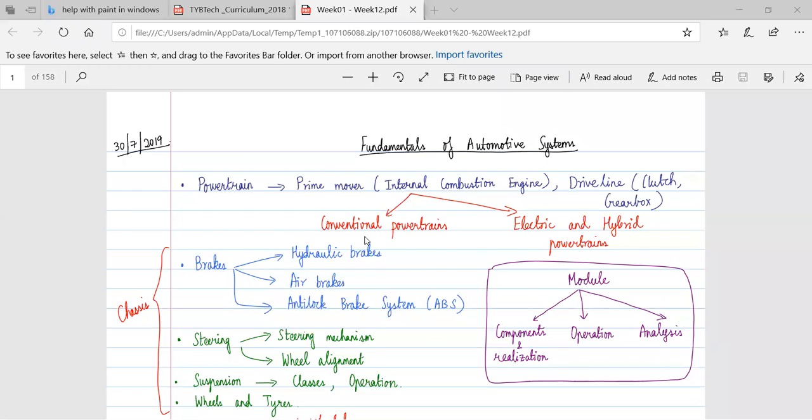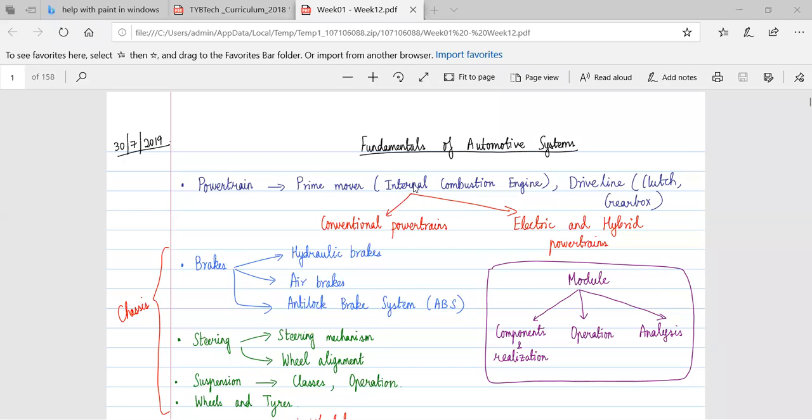Then we have a few more hybrid cars, like LPG or CNG in combination with petrol and diesel. And nowadays we have cars driven through batteries, that means electrical power. So there are different engines, and different designs of those engines, which drive that particular vehicle.